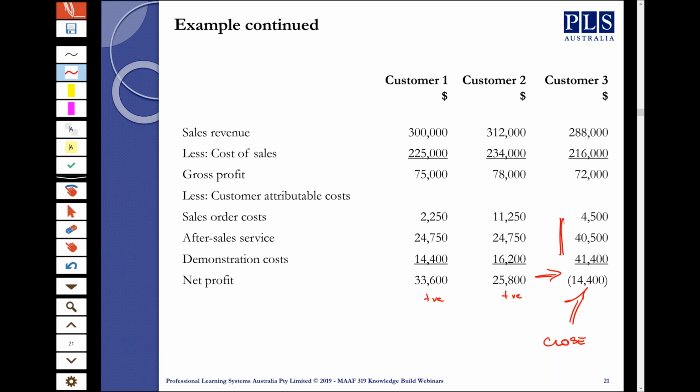So you'll find the basic logic would become that with respect to your after sales and your demonstration, you try to find out why those costs are being incurred, and you try to change activity. So with after sales, is it something incorrectly done with respect to explaining the product to customer 3?